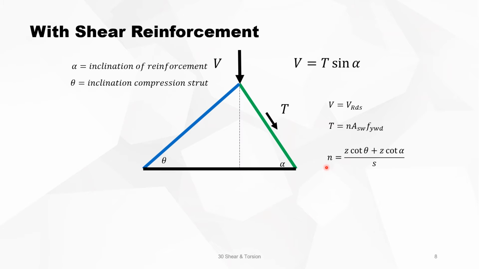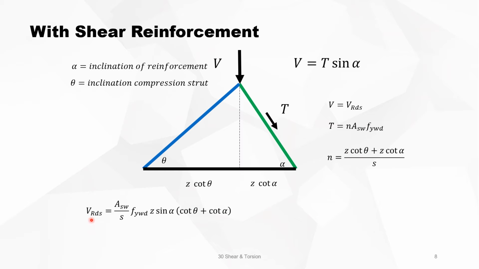And the number of stirrups is, of course, Z cotangent theta plus Z cotangent alpha, divided by the clear distance between the stirrups. And with this force, you can take up a shear force which we call VRDS.